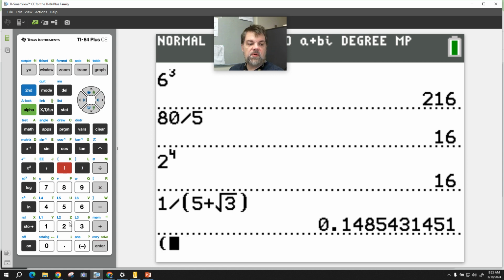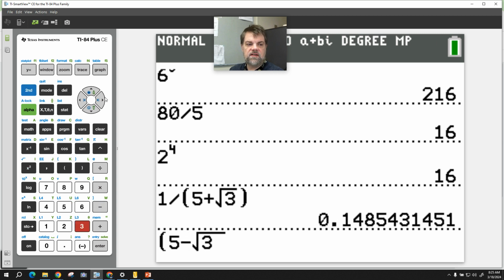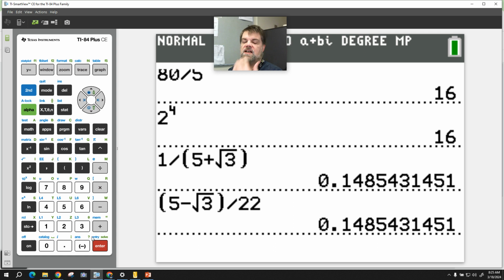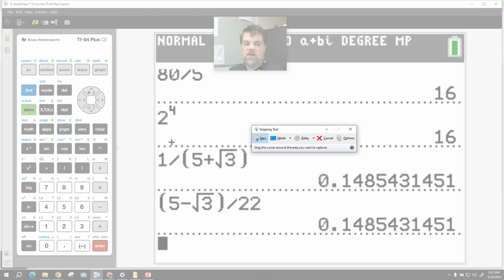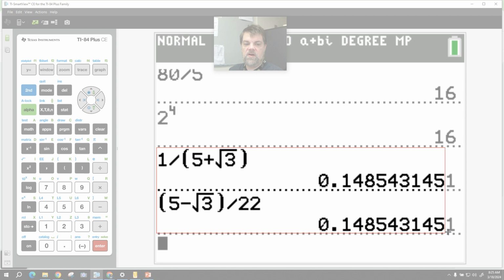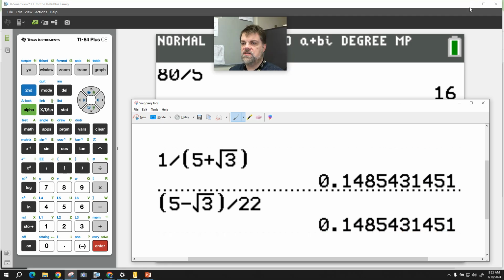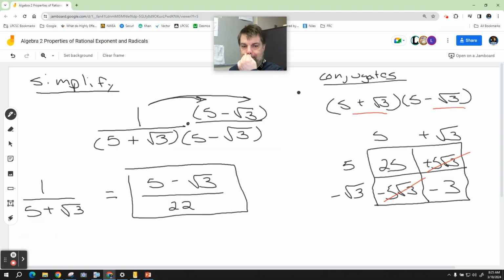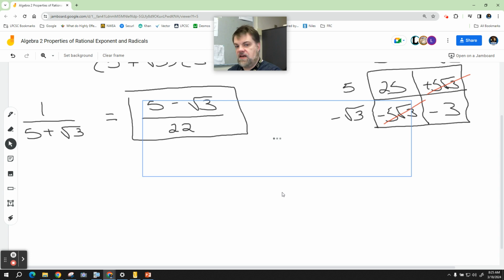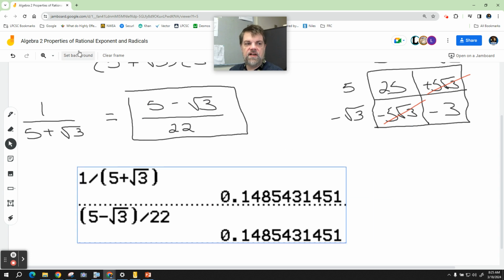Now if I say parentheses 5 minus the square root of 3, close my parentheses, divided by 22, right? Same decimal. Does that make sense? So it's the same value, but we really just don't like square roots on the bottom of fractions. Okay? And I'll post that right here so that you guys can see it's the same. Okay, now we're done.